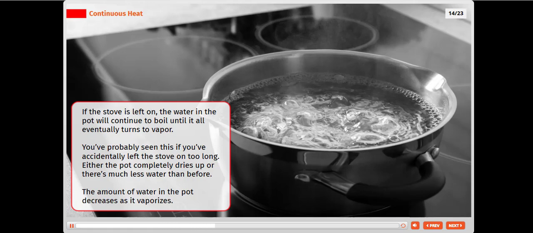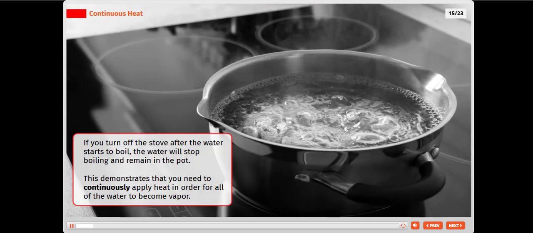Either the pot completely dries up or there is much less water than before. The amount of water in the pot decreases as it vaporizes. If you turned off the stove after the water starts to boil, the water will stop boiling and remain in the pot. This demonstrates that you need to continuously apply heat in order for all of the water to become vapor.